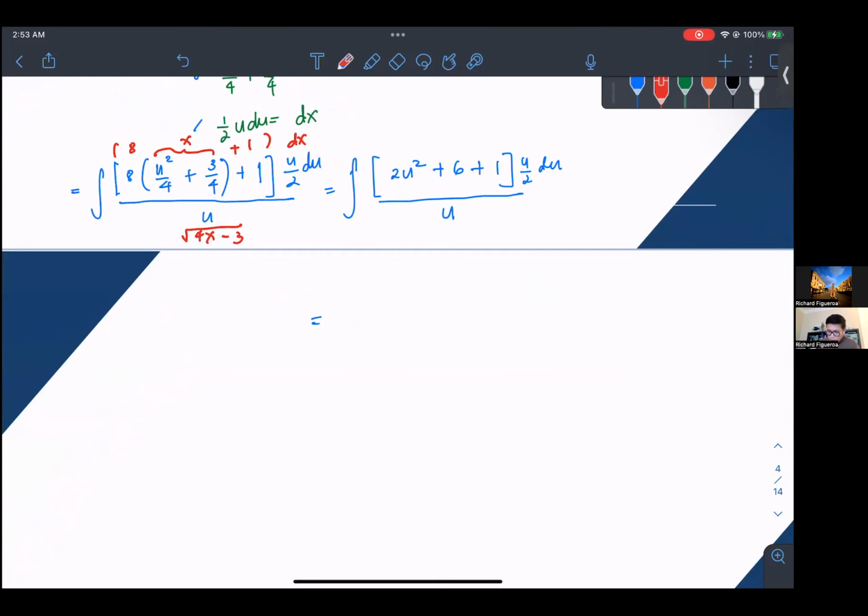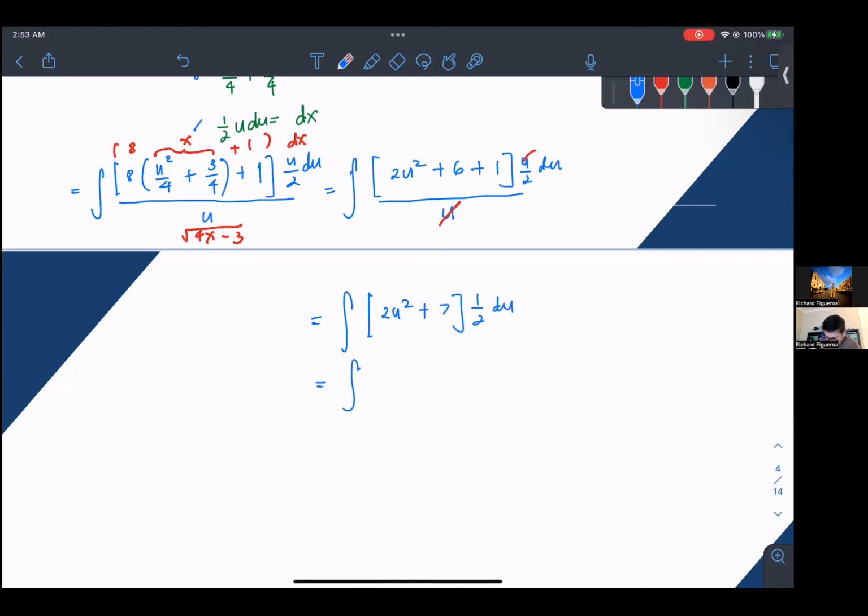And then, so this is u over 2, and then u, I can cancel that out. Once you transpose u, that is 1 over u. 1 over u times u is just 1. So thus, we'll just have the integral of 2u squared plus 7, multiplied with 1/2 du.